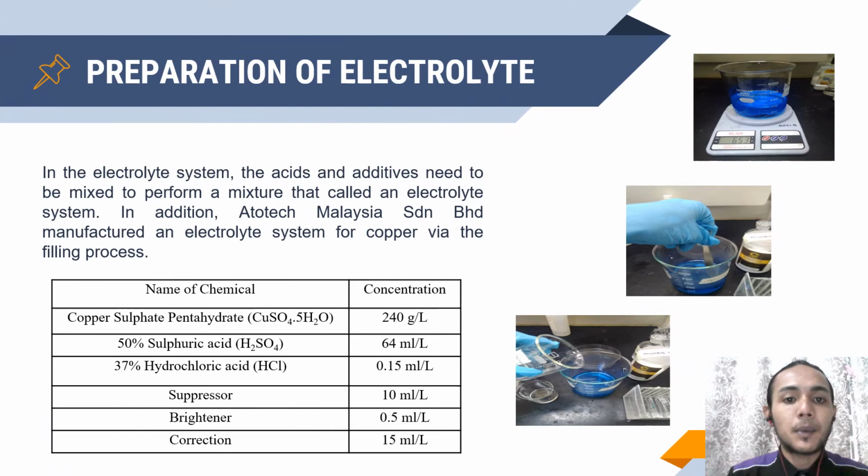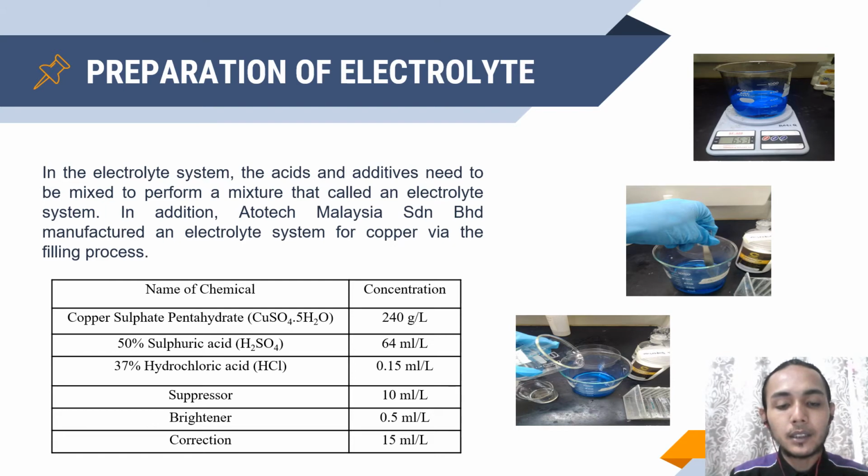This is the preparation of the electrolyte. In this study, MFS technology has provided an electrolyte system for the copper via filling process. The electrolyte system of acid copper includes copper sulfate pentahydrate, sulfuric acid, hydrochloric acid, and organic additives like carrier, suppressor, and brightener.